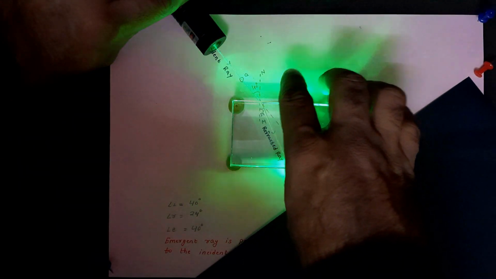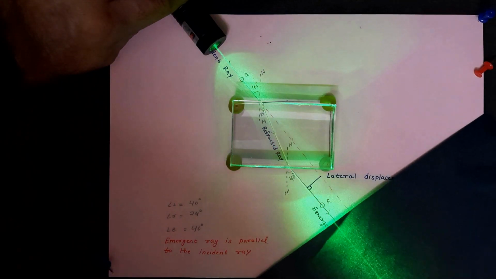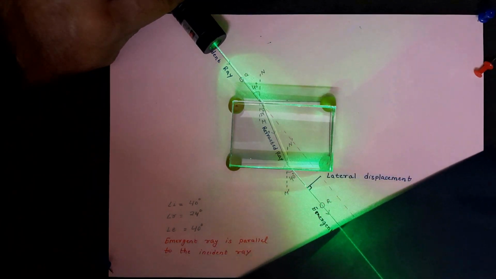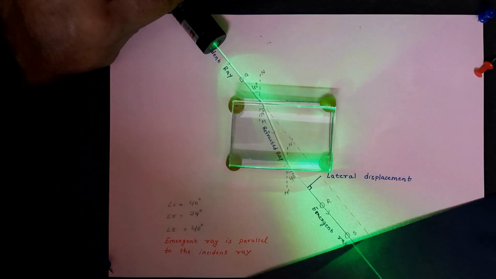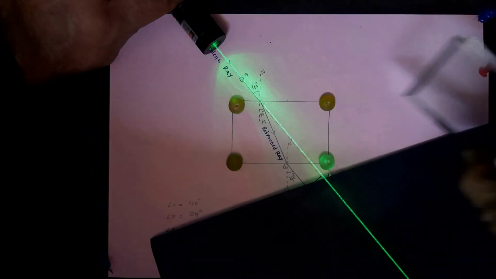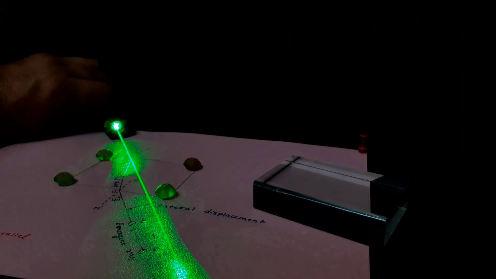Now place the glass slab on the outline drawn on the sheet. We observe that the laser beam exactly follows the path which we traced with the help of needles. This is the direction of the emergent beam. Here we also observe that the emergent beam is parallel to the incident beam and it is shifted sideways.